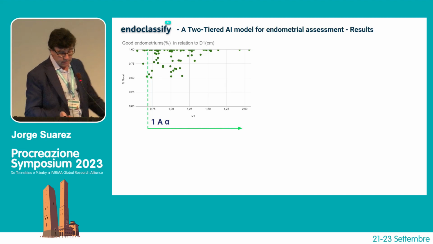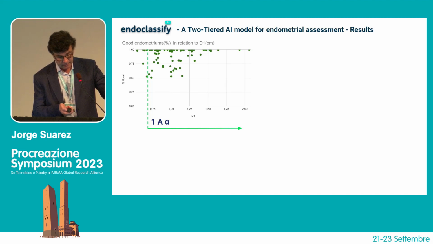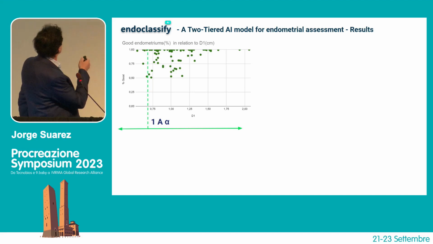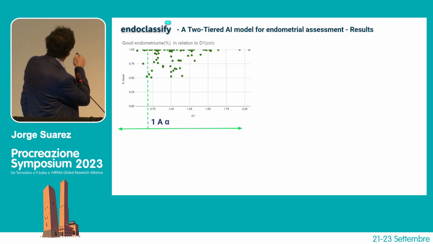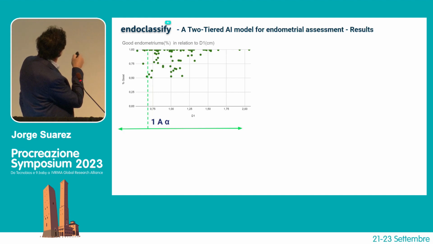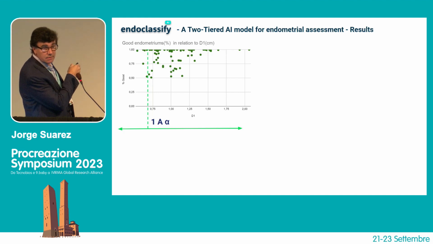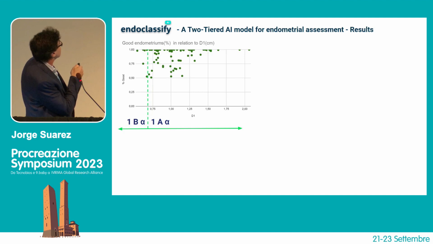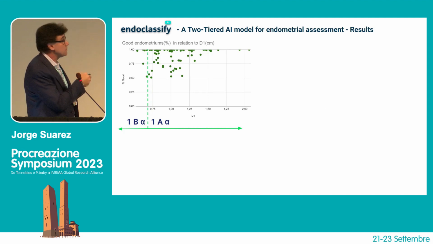You can see in the scatter plot that the most successful pregnancy rates are in 1A alpha, which correlates with the amount of good endometrium. And for the other category that has a high percentage, you can see that there are very good pregnancy rates too.